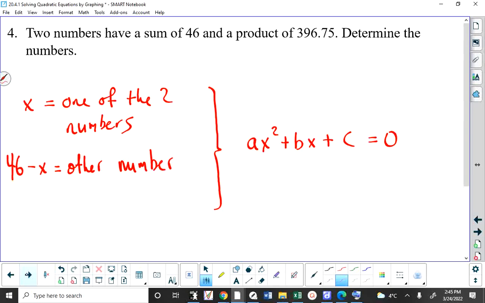Those are the two numbers. Now, they have to have a product of 396.75. Okay. That means that x times 46 minus x has to equal 396.75.